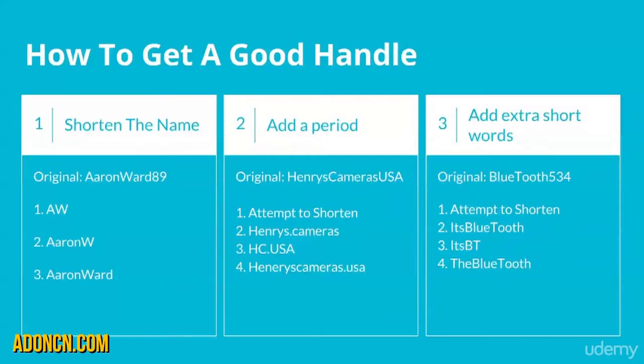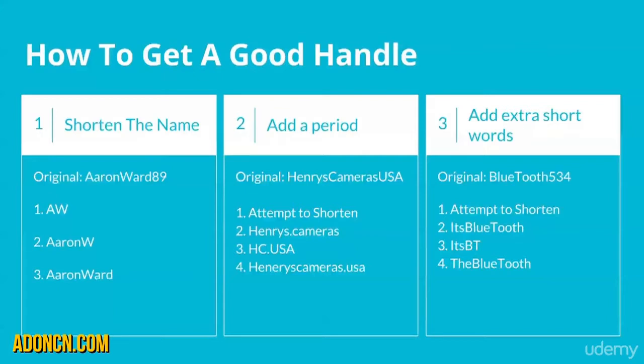Nothing's worked either. So what we can do now is add an extra word onto the front or even onto the end. For this example, we just have the front. So we could try it's Bluetooth, it's BT, or the Bluetooth, for example. Or you can even have we Bluetooth or Bluetooth here, if you're really struggling on finding a name. But the ultimate goal is to make this handle as simple as possible and really easy to remember.